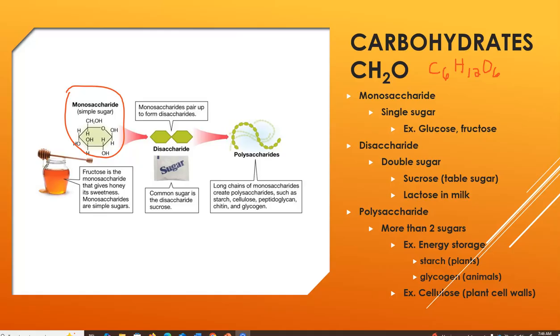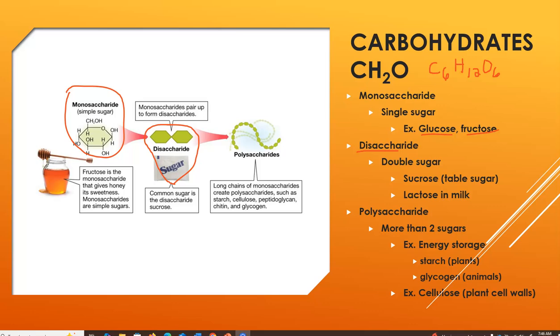So here it's showing the ring-like structure of a simple sugar. And if we take two of those rings and join them together, or two of the monosaccharides, we have a disaccharide. So a single sugar would be something like glucose or fructose. Notice that OSE ending on it, that refers to a sugar. And we can take those building blocks of either glucose or fructose or both of them and combine them together to make a disaccharide or a double sugar.